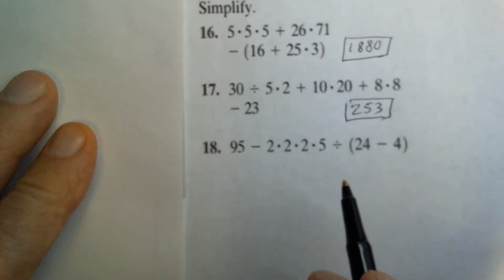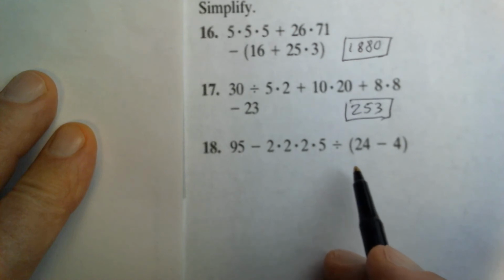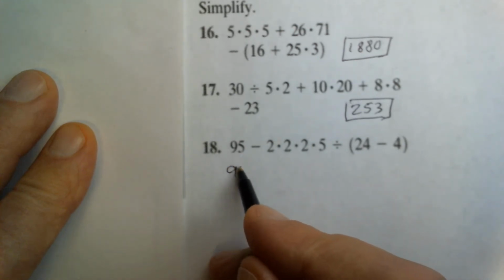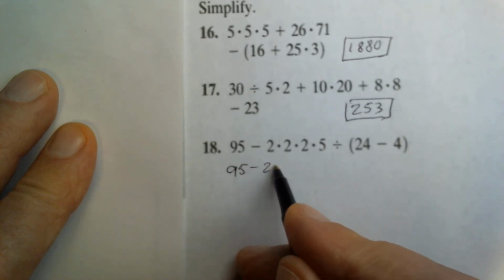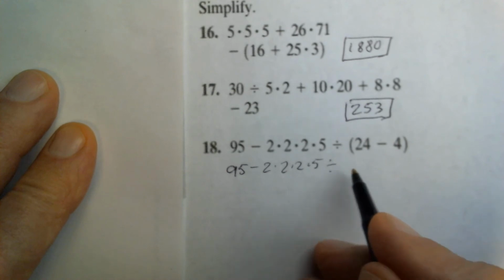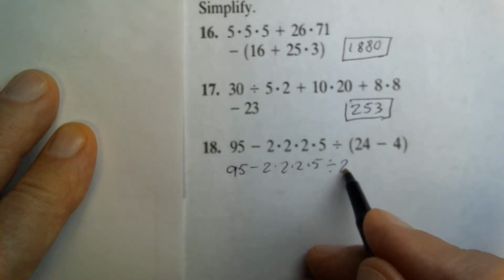We simplify number 18 by evaluating the expression in parentheses first. So that gives us 95 minus 2 times 2 times 2 times 5 divided by 20, because 20 minus 4 is 20.